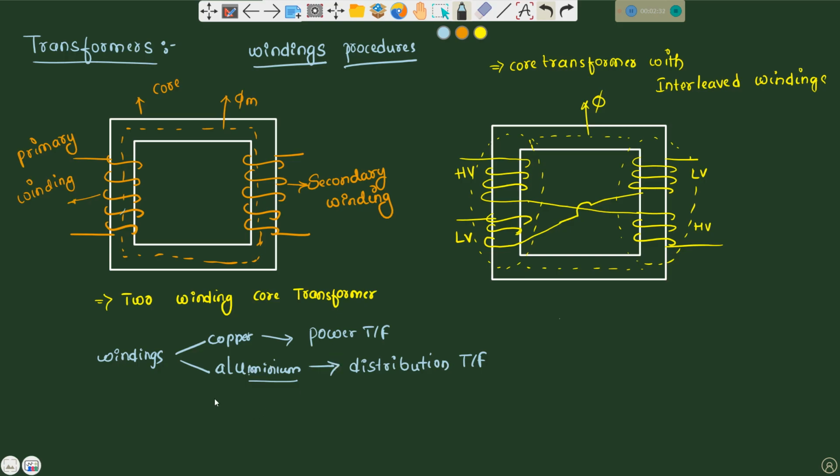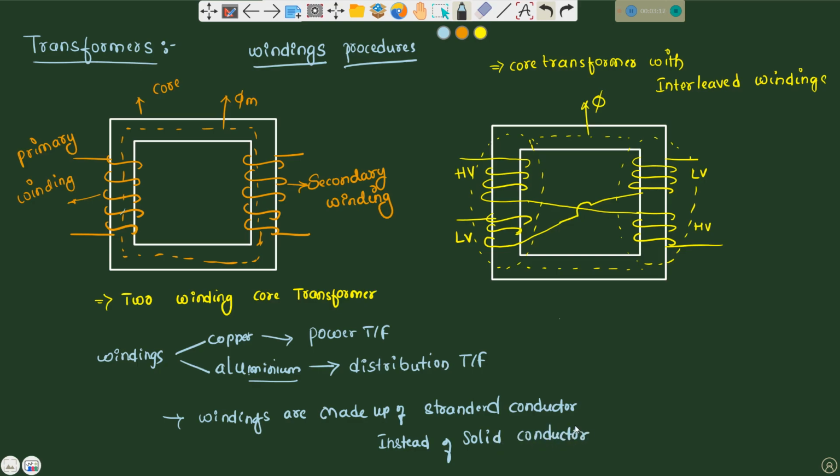Windings are made up of stranded conductors, like multi-strand conductors, where you have so many strands, instead of the solid conductor we used to have in olden days, back in the 80s and 90s.